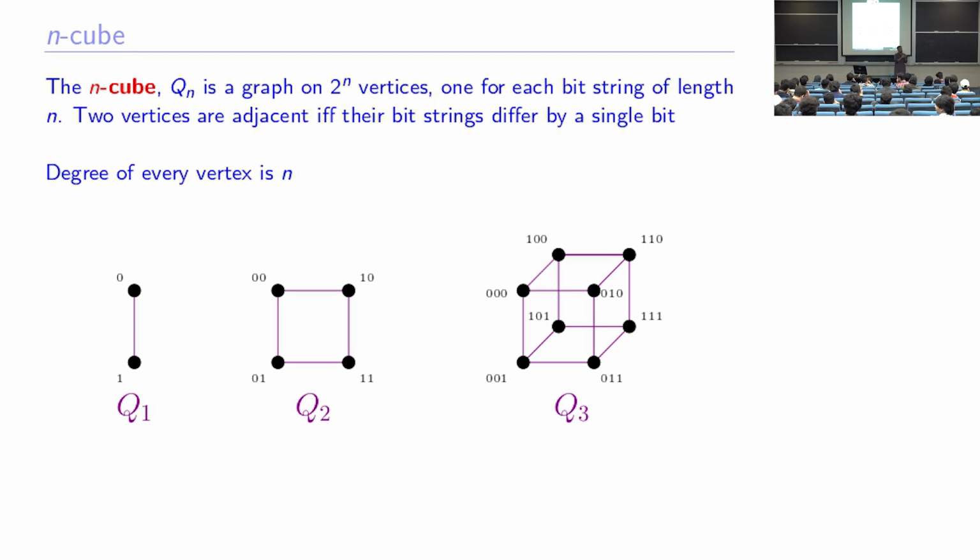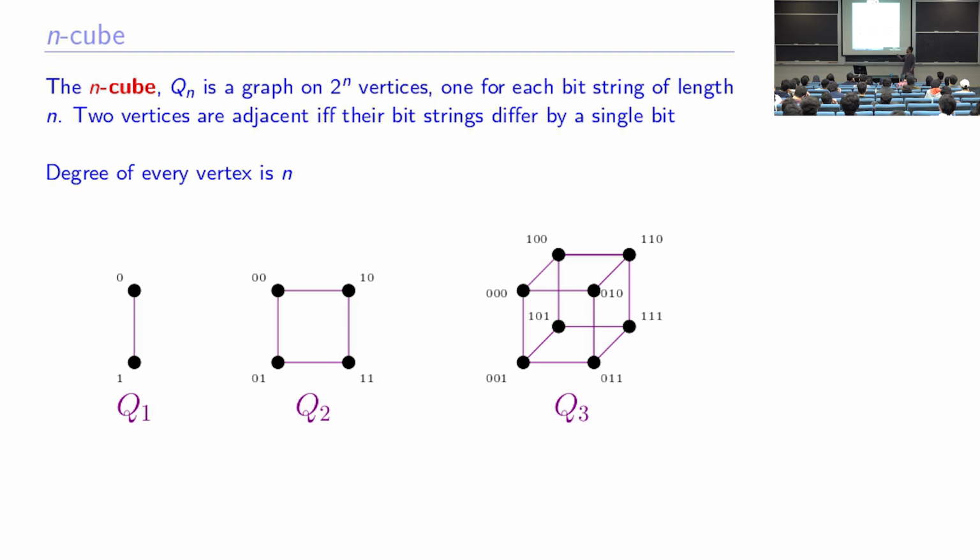But 00 is adjacent to 01 because they only differ in the second bit. 00 is adjacent to 10 because they only differ in the first bit. So that's how Q2 will be made. Q3 will have 2 to the 3, 8 vertices corresponding to the 8 unique bit strings.